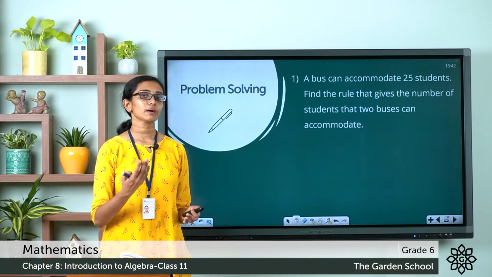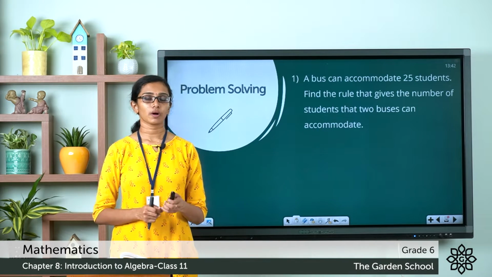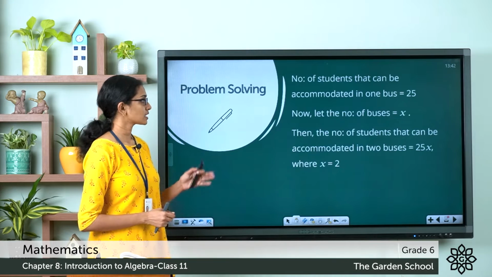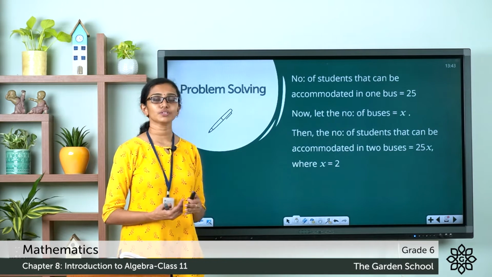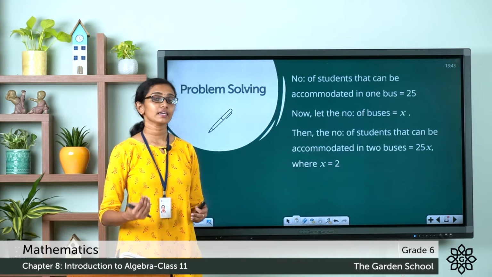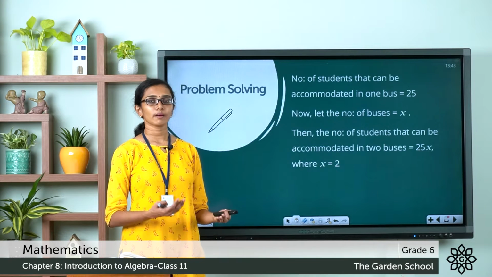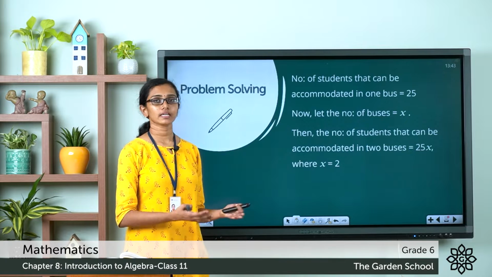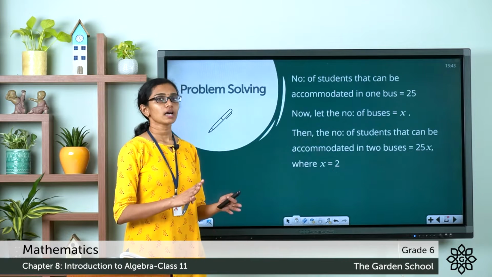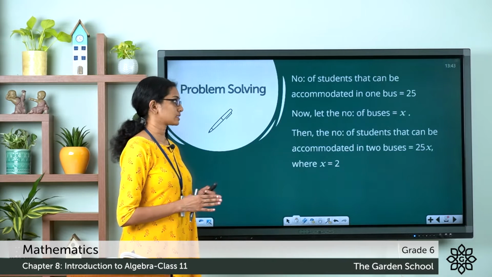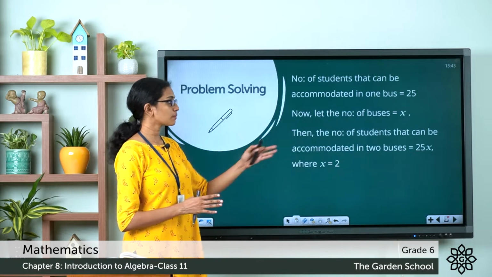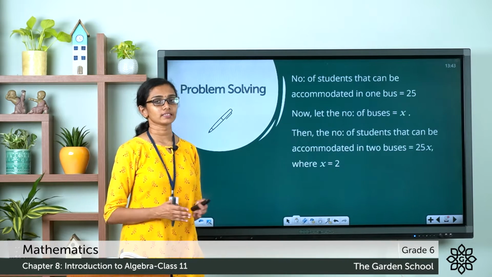So, we know the number of students which can be accommodated in one bus. Let's write the steps: the number of students that can be accommodated in one bus is equal to 25. And we have to find the number of students which can be accommodated in 2 buses. So, let's assume that the number of buses is equal to x.